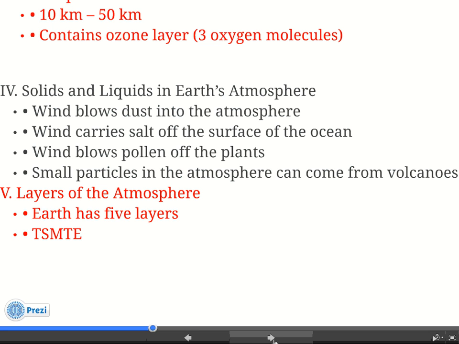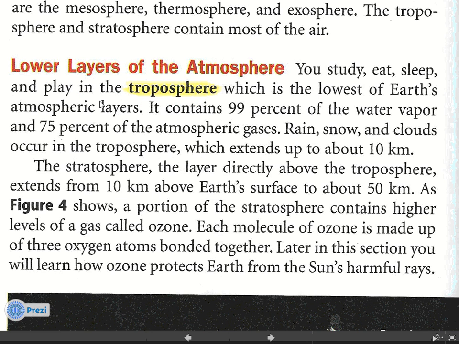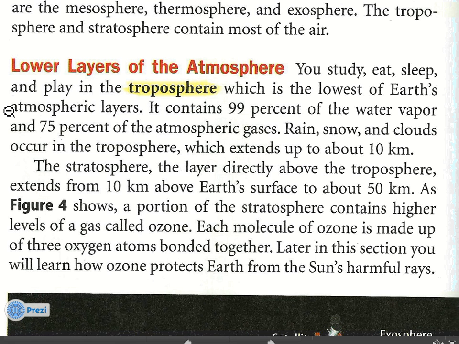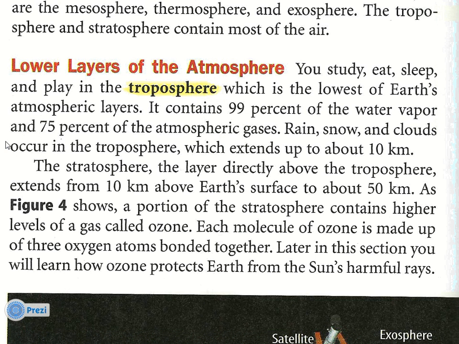Now we're going to talk about each layer, give some characteristics of each layer. The lower layers of the atmosphere, okay, you study, eat, sleep, and play in the troposphere, which is the lowest of Earth's atmospheric layers. It contains 99% of the water vapor and 75% of the atmospheric gases. Rain, snow, and clouds occur in the troposphere, which extends up to about 10 kilometers.